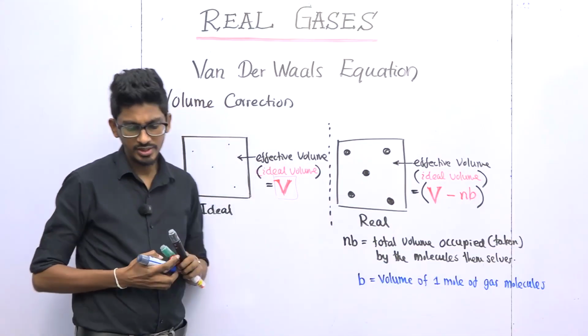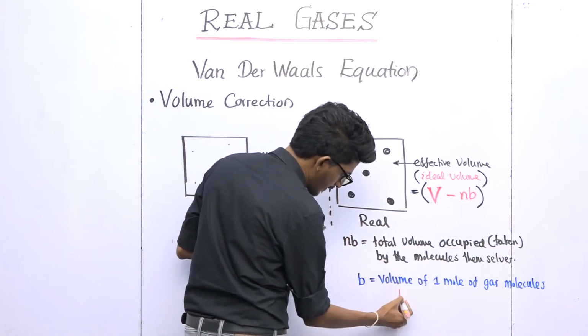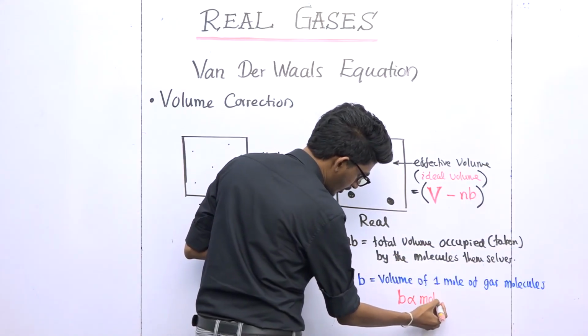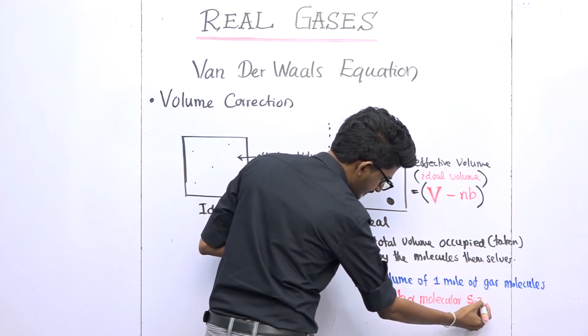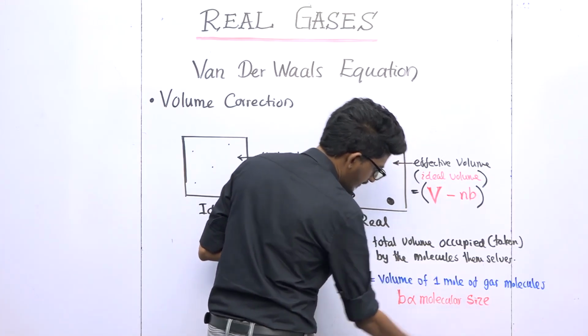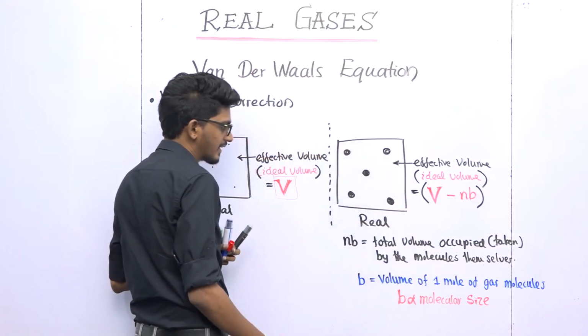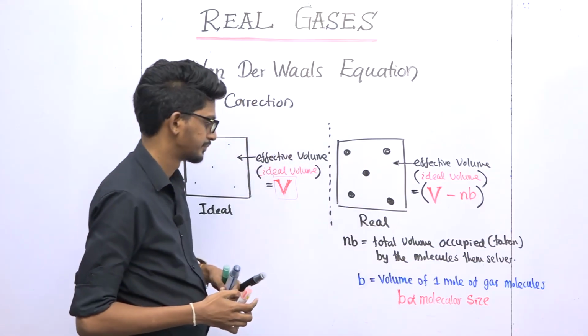Actually, this b value is proportional to molecular size. Larger you are, larger space it will take by the 1 mole of gas molecules. Right?